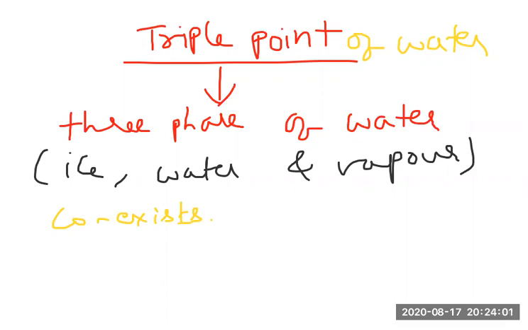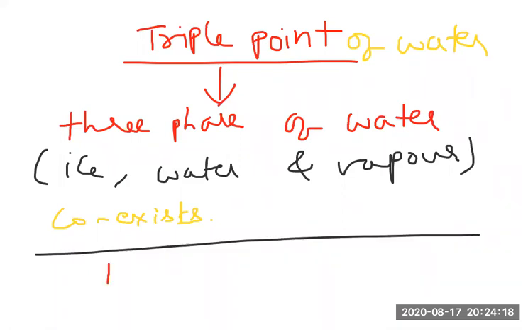Generally, this does not happen. Ice is there and water is there, we don't have steam. Steam and water are there, we don't have ice. But this is a situation where all three states of matter exist. This is not possible at all temperatures and pressures. This is a special situation.